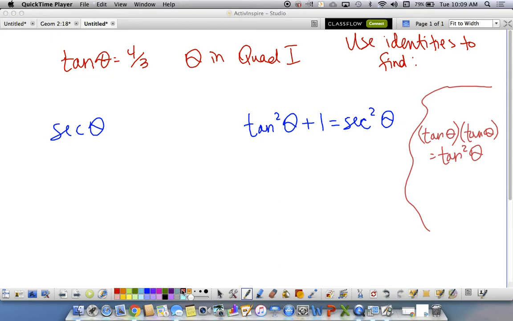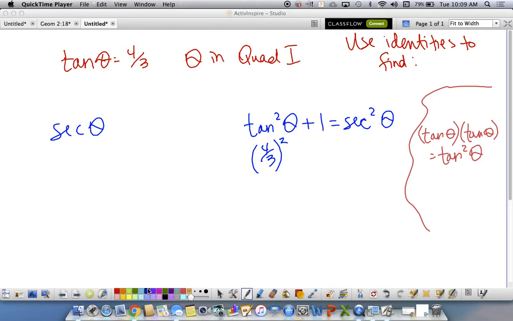So when you see tan squared theta, I have tan theta. What should I do with that? Square 4/3. What is tangent theta? 4/3. That's tan theta, and when I want to square it, that's what I'm going to do.